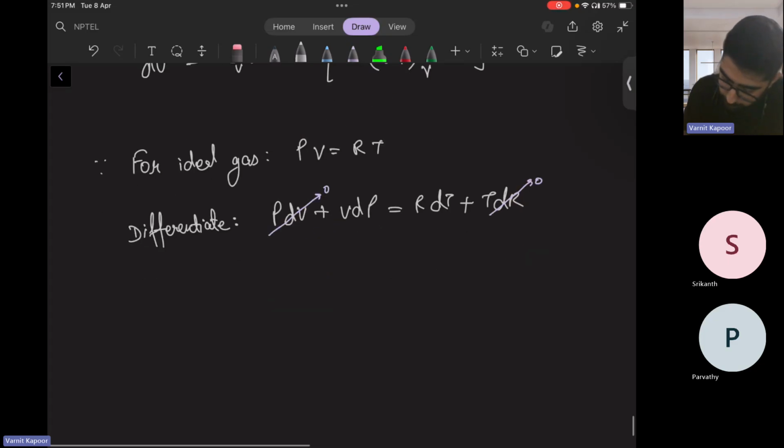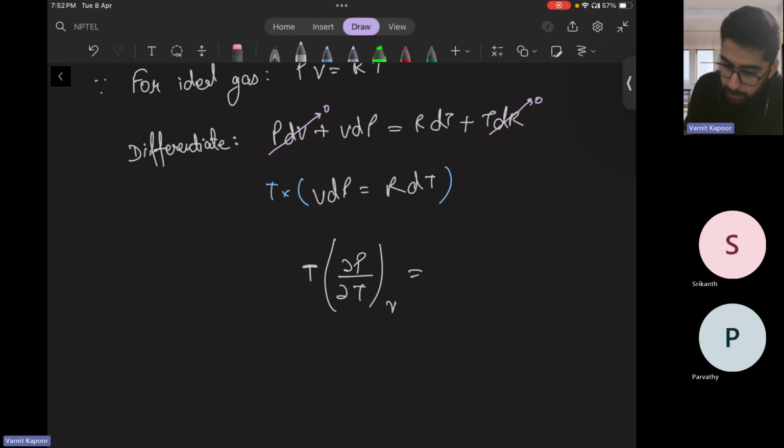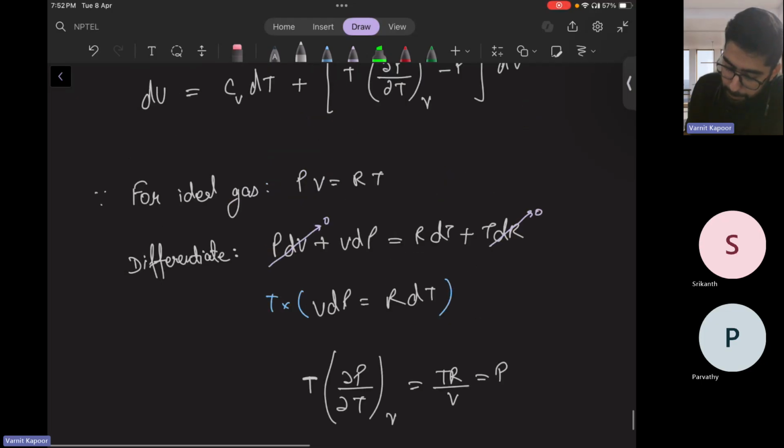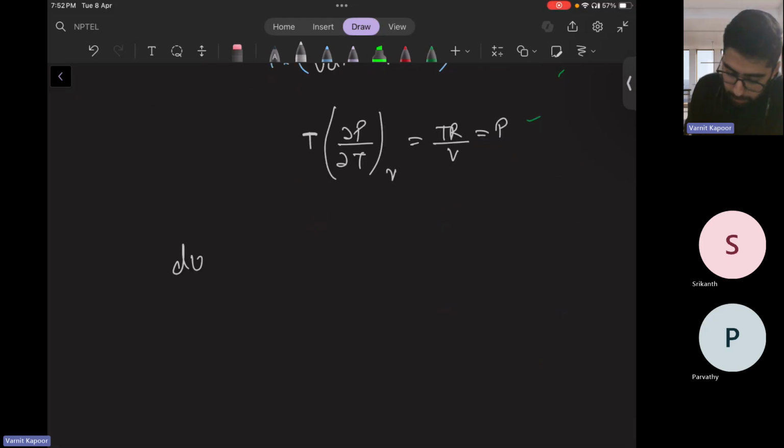So from here, VdP is RdT. Multiply with T on both the sides. So you get T times dou P by dou T at constant volume is nothing but TR by V, that is nothing but your P. And put this expression in here.